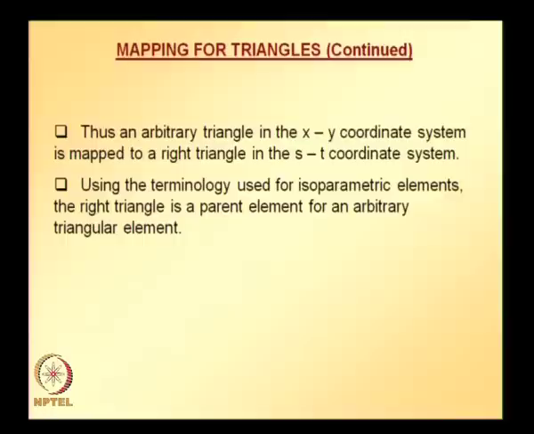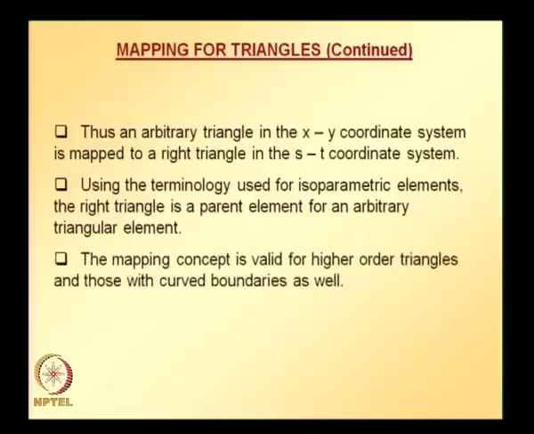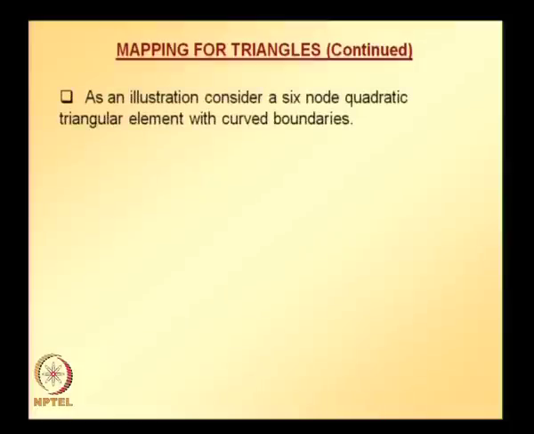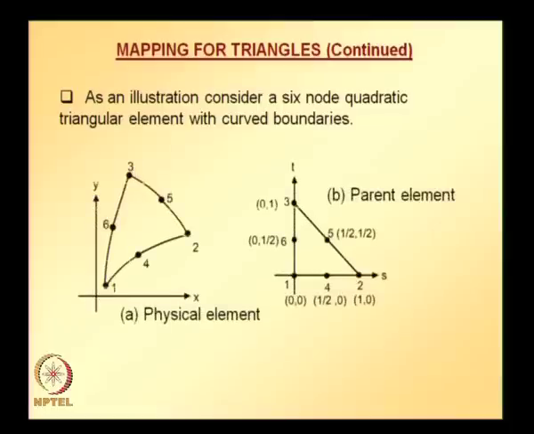And this mapping concept is as well valid for higher order triangle elements and those with curved boundaries. Let us take, quickly, as an illustration, a 6 node quadratic triangle element with curved boundaries.